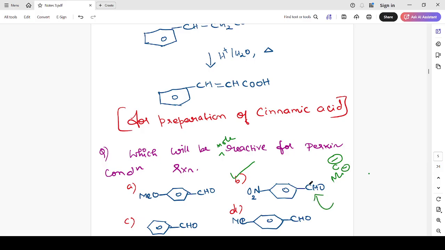Nucleophile has to attack this carbonyl group of this aldehyde. The carbonyl should feel very electrophilic. NO2 is an electron withdrawing group. So it will increase the electrophilic nature of this carbonyl. But here I am having OMe, which is a plus M group. I am having Me, which hyperconjugation effect will provide. Therefore, B will be more reactive for Perkin condensation reaction.